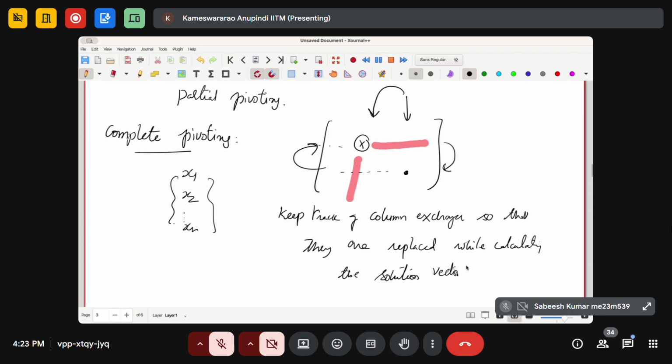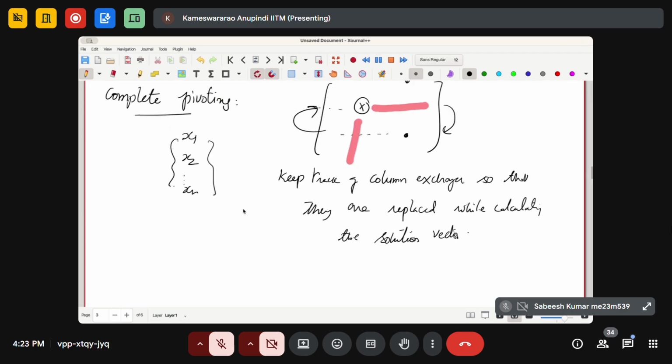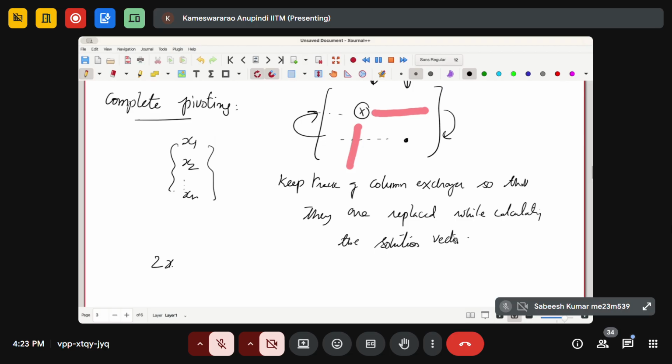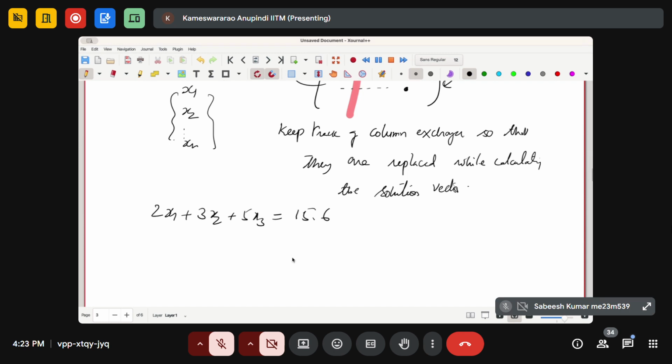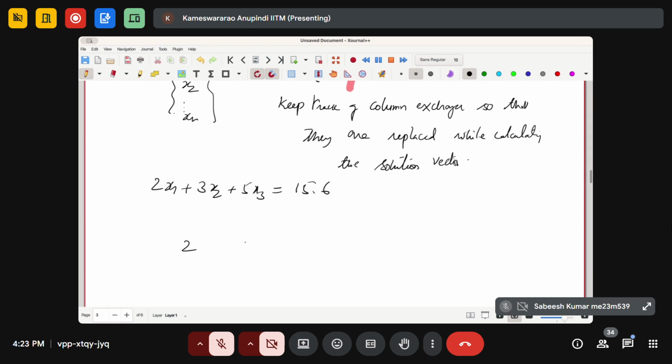Okay, I hope this is clear. That means if you have, let us say, 2x1 plus 3x2 plus 5x3 equals 15.6, then if I'm going to exchange the columns, I have to also exchange my unknowns with it, right? For example, if I'm going to move this 3, like if I were to write this as 2, 3, 5, something like this, then I have x1, x2, x3 coming from a particular row.